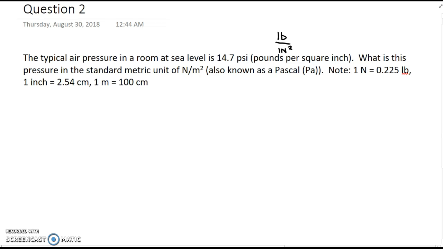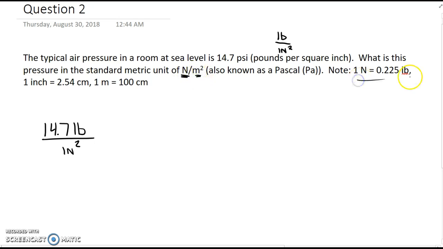And what we're really doing is we're taking our initial value, our 14.7 pounds, and I like to write it like this, pounds per square inch. That's a good way to write it to really see it in its fraction form with the 14.7 in the numerator. And what we want to get to is to have in the numerator newtons and the denominator meters squared.